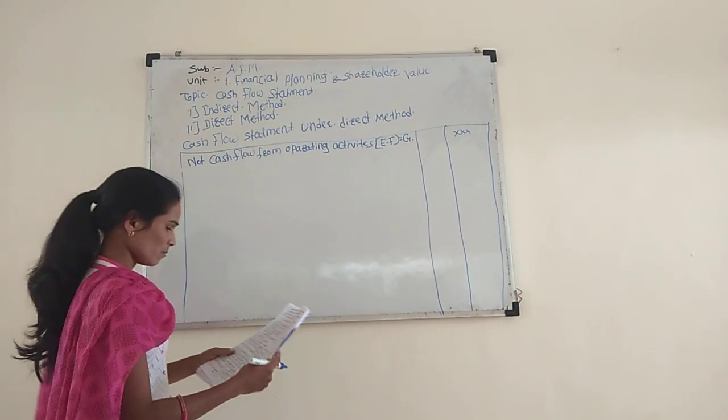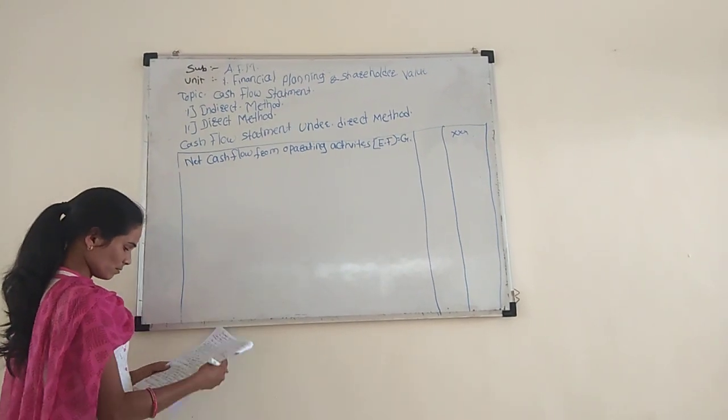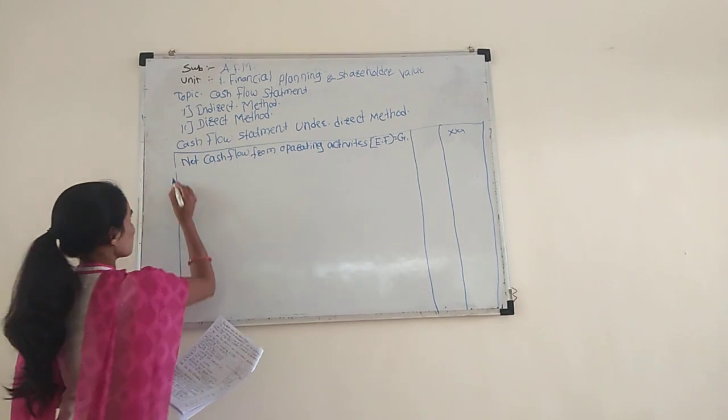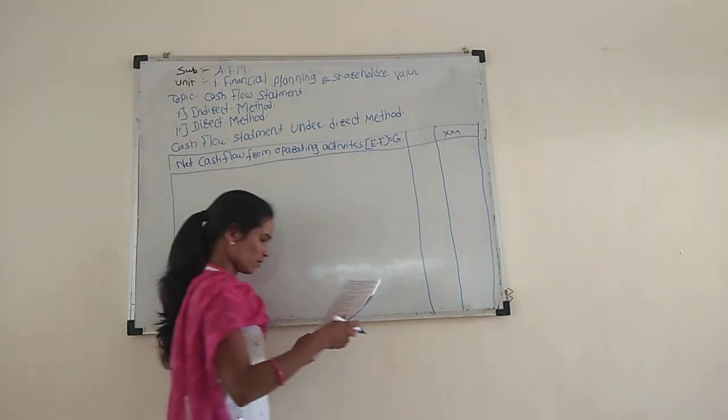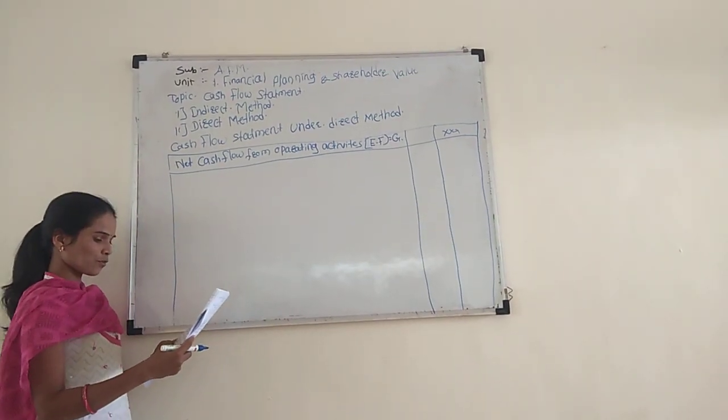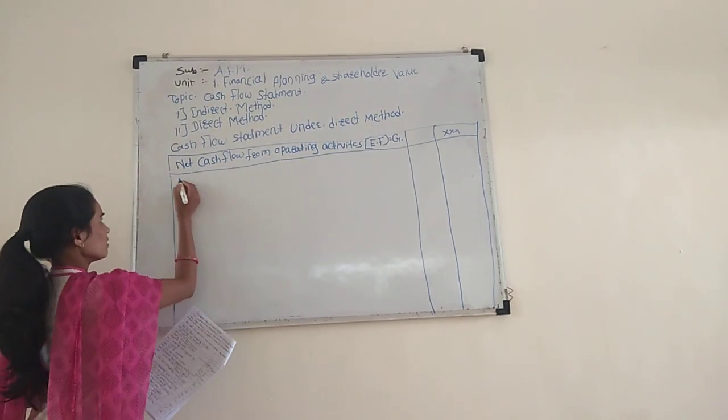Okay, the next one is cash flow from investing activity.